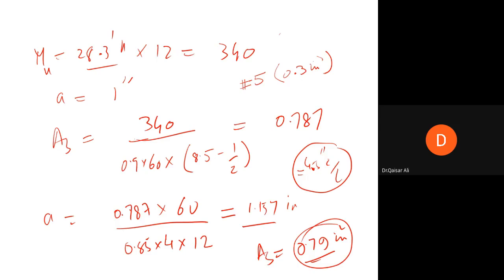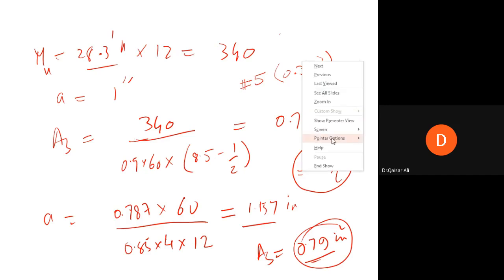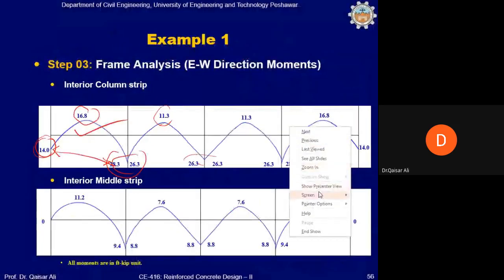Okay, for the rest of the bending moments, you can use the unit rule. What is the unit rule? I will show it to you right now. Unit rule is like this. For 28.3 foot-kip, area of steel is 0.79 square inch.